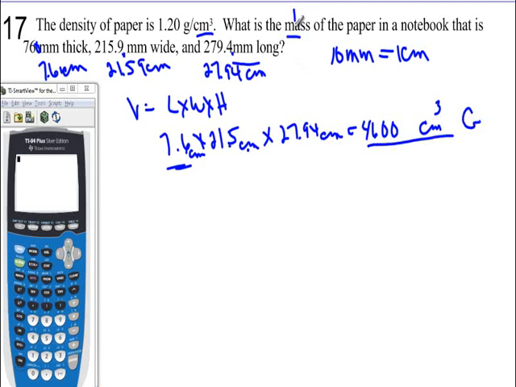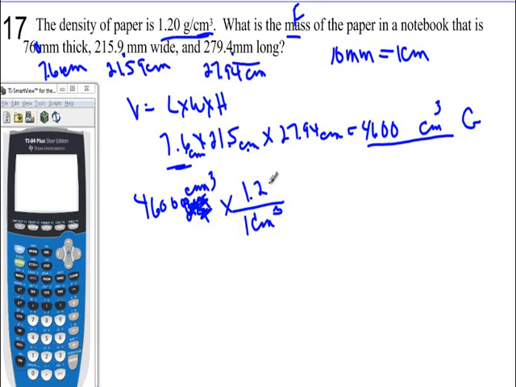This is not my find, okay? So I start with my 4,600 centimeters cubed of paper. And what I know is in every 1 centimeter cubed, there is 1.20 grams of paper.